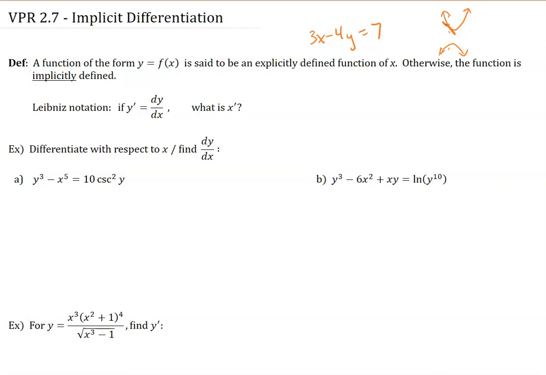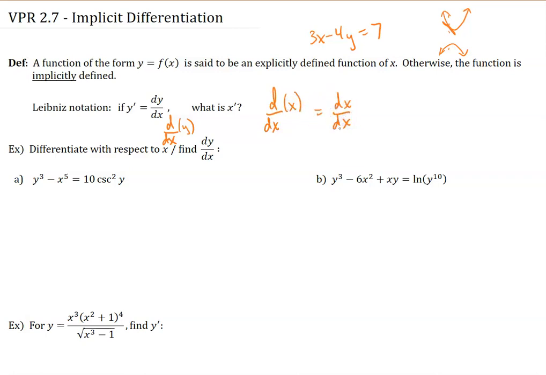We've mentioned Leibniz notation a couple of times, and we've talked about how this is the same thing as writing the derivative with respect to x of y. If y prime is the derivative with respect to x of y, then using that same notation, x prime should be the derivative with respect to x of x, or in other words, dx over dx.